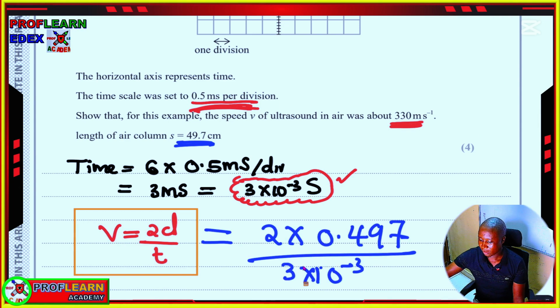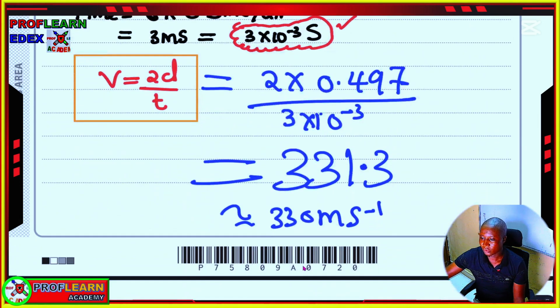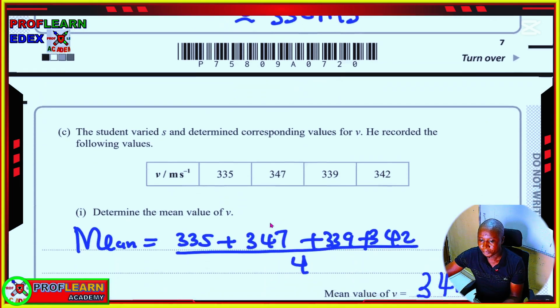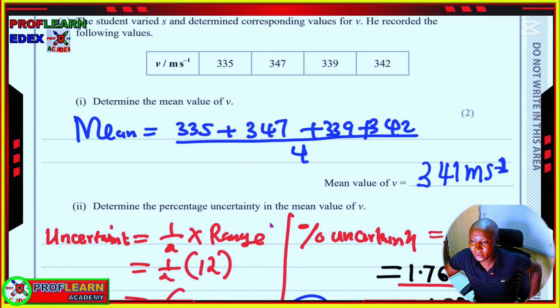And if you work it out, you are going to get your answer as 331.3, which is approximately 330 as it was given. So once we are done with that, another question that you really need to prepare for is calculation of uncertainty.